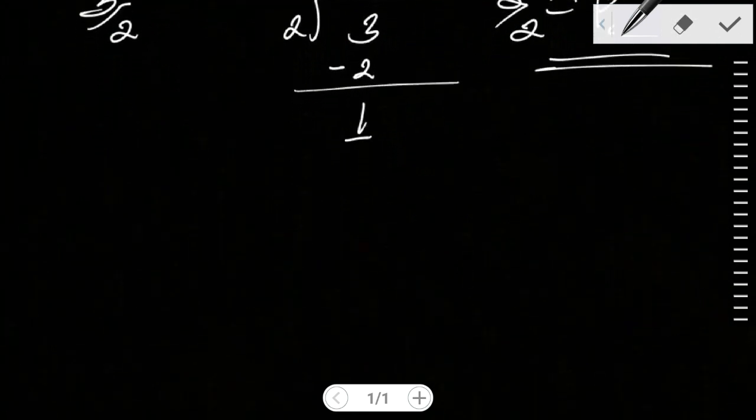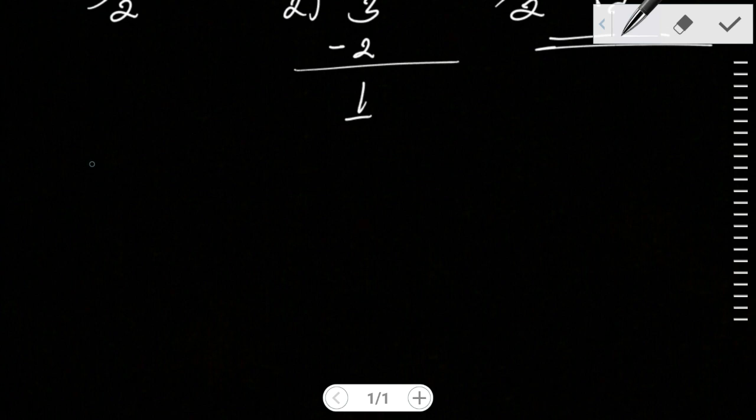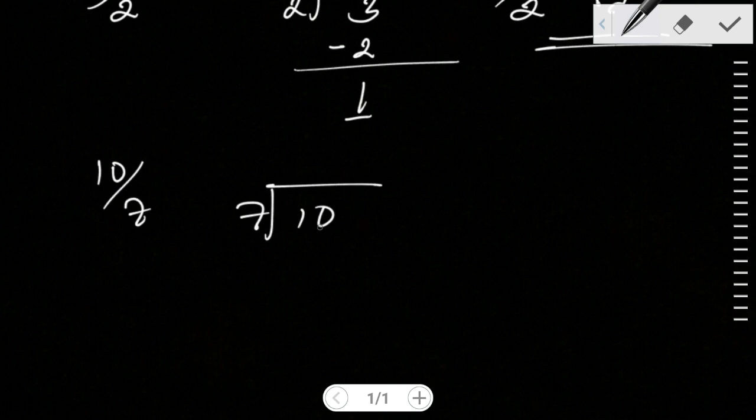Let's have another example. If I have 10 all over 7, to convert this I would have 10 divided by 7. 7 goes into 10 once. So 1 times 7, I'll get 7.